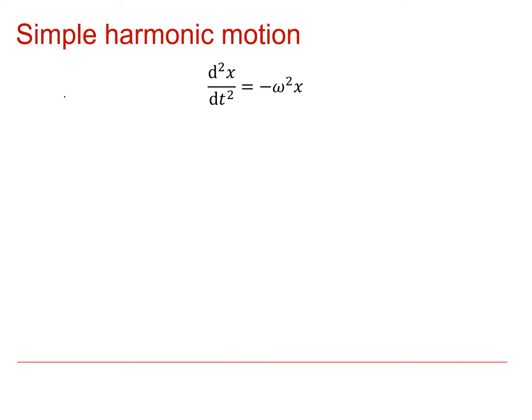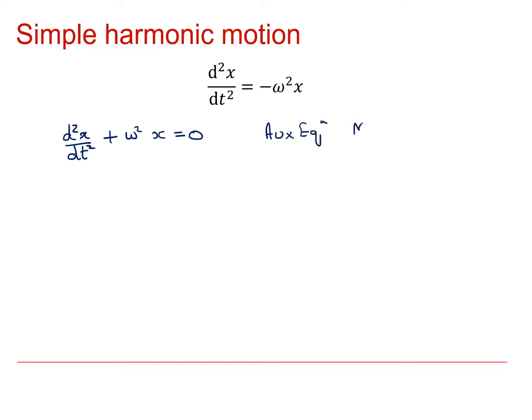So let's have a look at solving this differential equation for simple harmonic motion. Let's rewrite this differential equation first of all: d2x by dt squared plus omega squared x is equal to 0. And this is now in our normal format, so we can form the auxiliary equation.